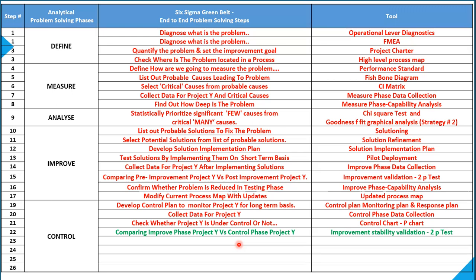And to do that, we are also going to use statistical analysis, and for that we're going to use 2P tests. So all these things we're going to look into in this particular video: the 2P test, and how to deploy the 2P test for the control phase, on the next few slides. So let's move to the next few slides.